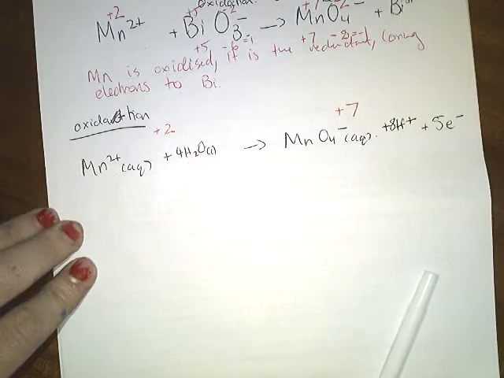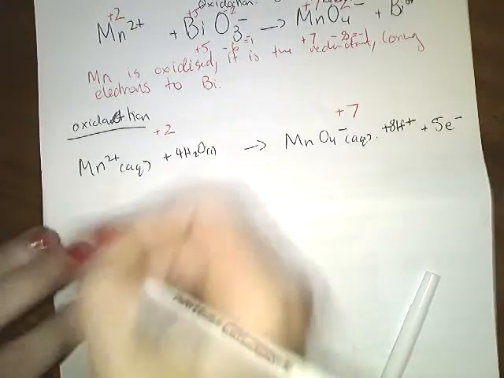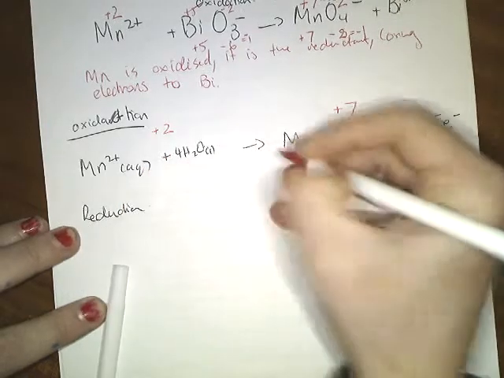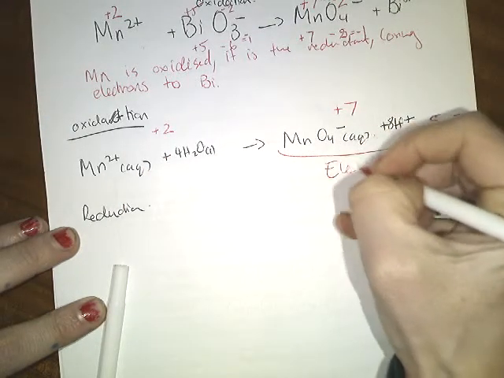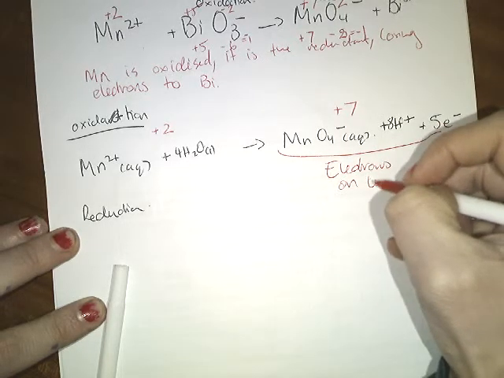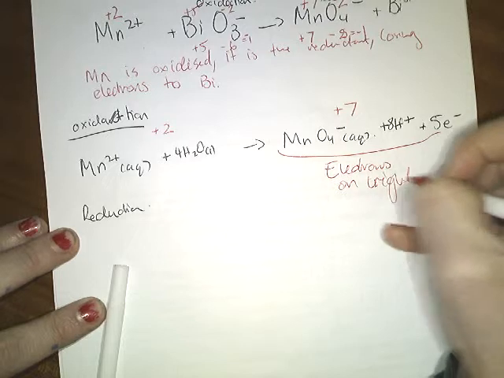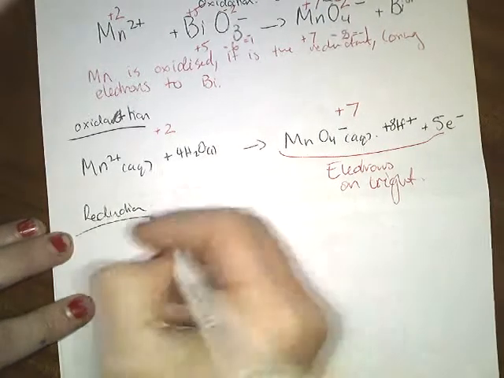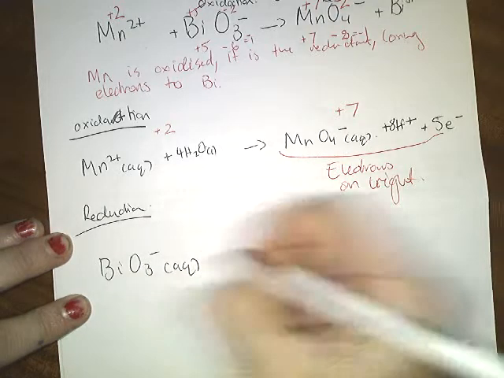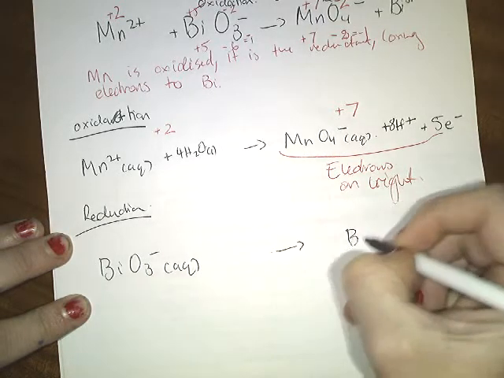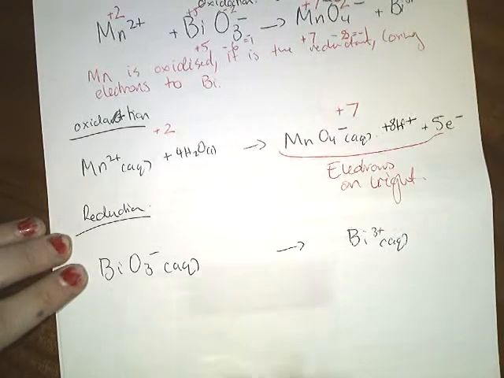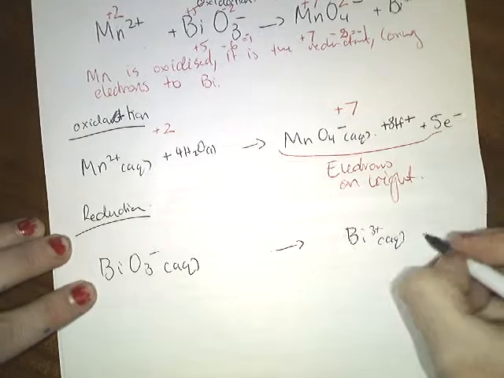Then you have a look at your bismuth half equation, and that would be reduction. Oxidation, by the way, electrons on the product side, so on the right. Now, for reduction, all ions will be aqueous. Okay, elements other than H and O, done.